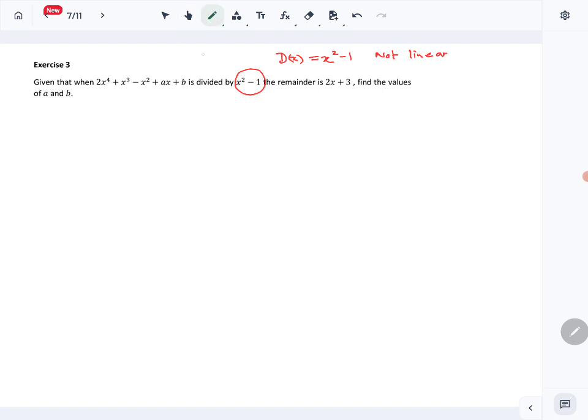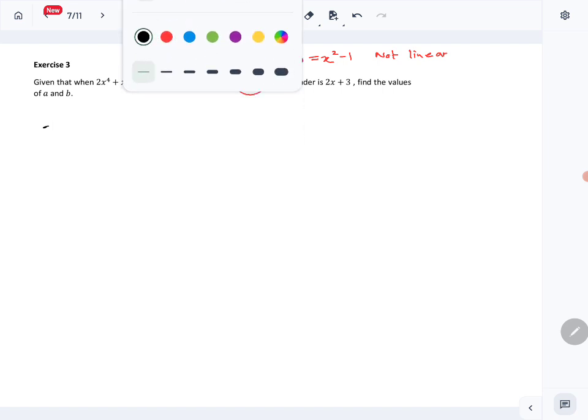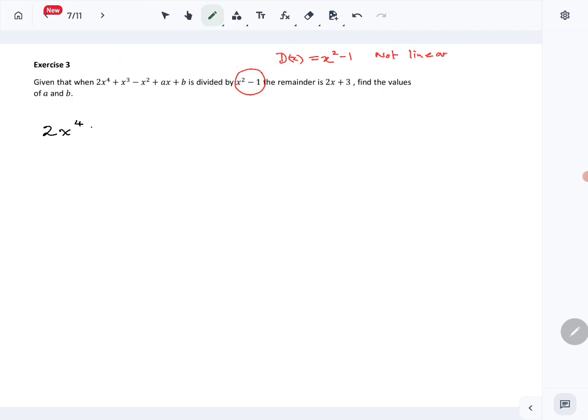This polynomial, right? 2x to the 4 plus x cubed minus x squared plus ax plus b. So when you divide this by x squared minus 1, you will have a quotient, times the divisor, plus, what's the remainder? Remainder is 2x plus 3.